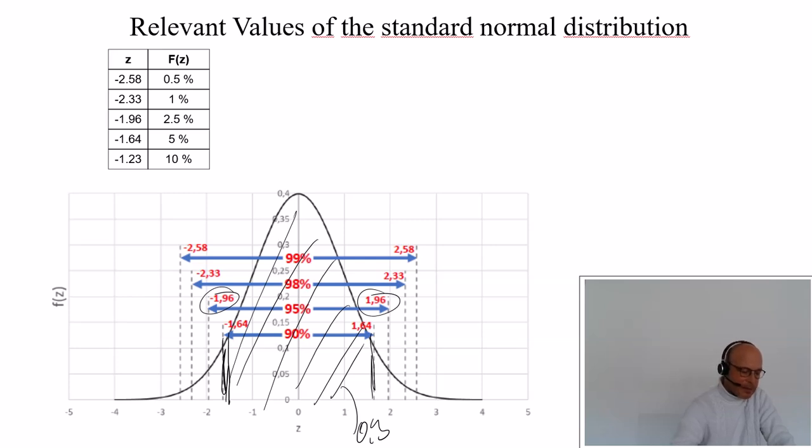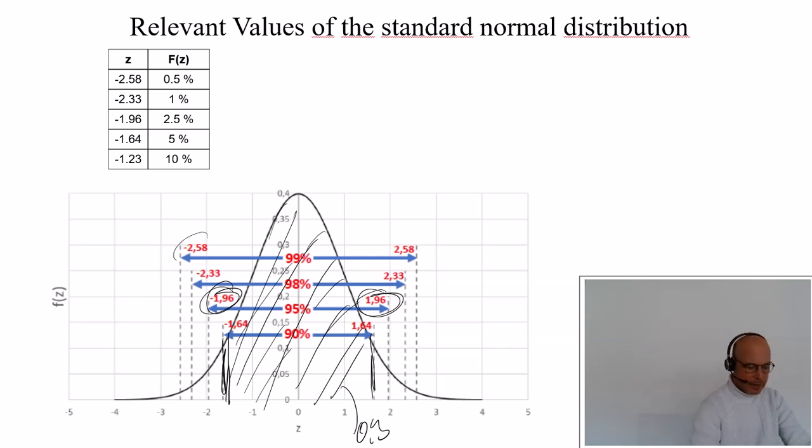Nevertheless, many people use this 95% probability, and therefore it is good to know that the limits in the standard normal distribution are roughly minus 2 to 2, or minus 1.96 to plus 1.96. This means the right one is 49% and the left one is 49%.